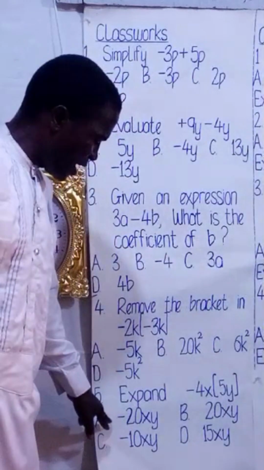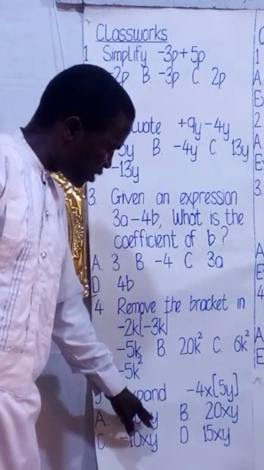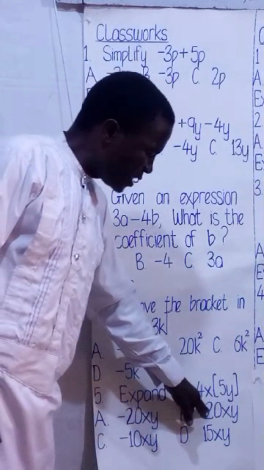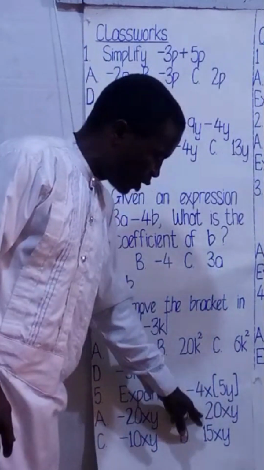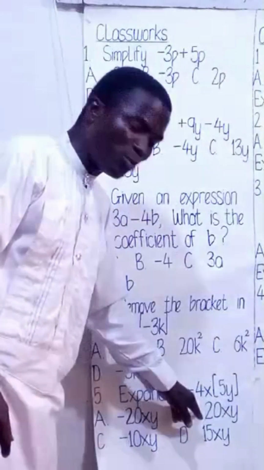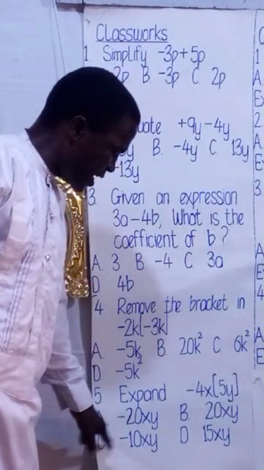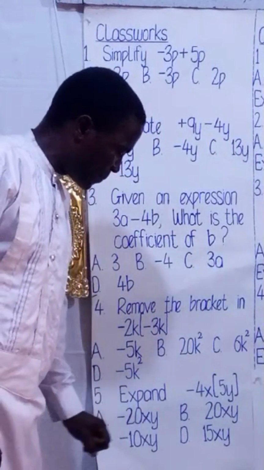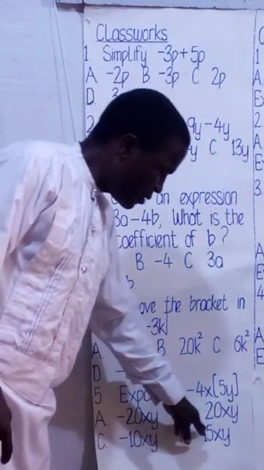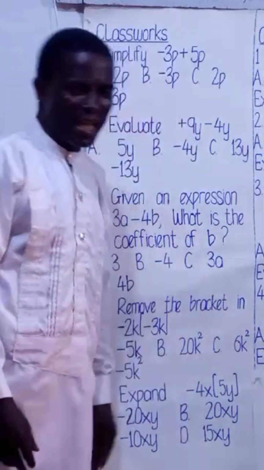Here are the options. A, minus 20xy. Option B, 20xy. This one is plus 20xy. There is an invisible plus here. Then option C, minus 10xy. Then option D, plus 15xy.